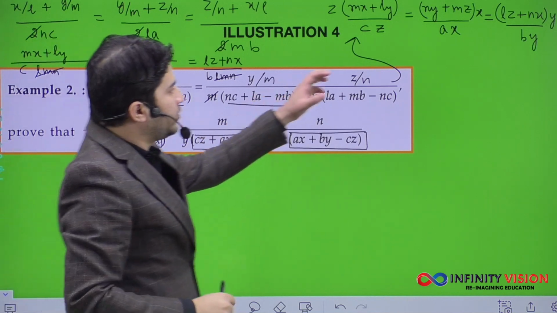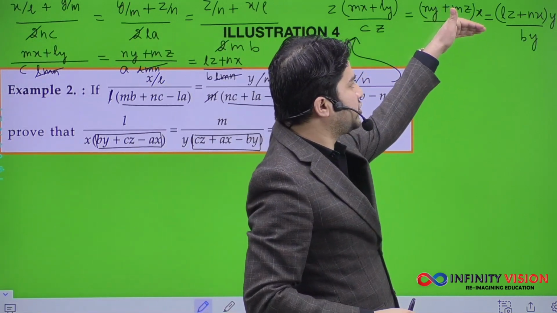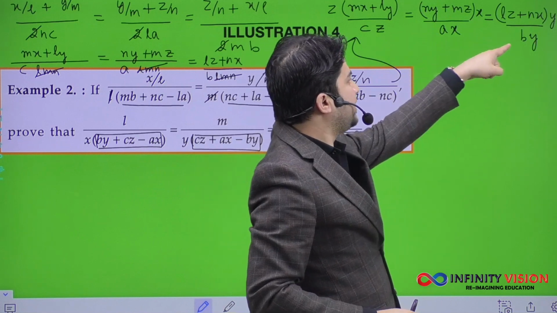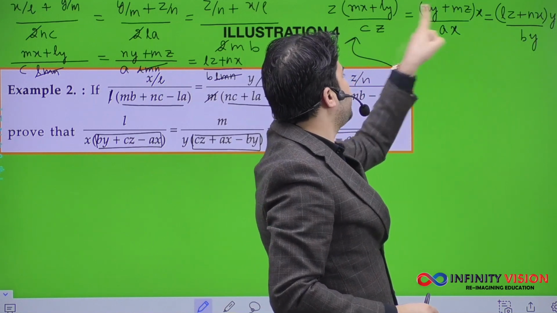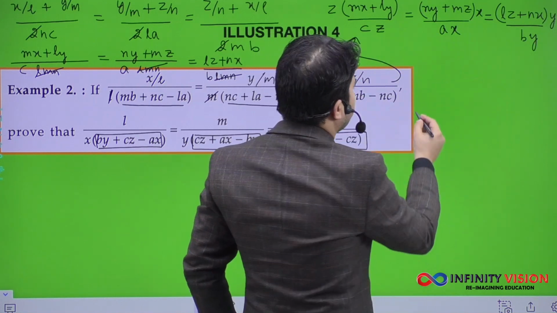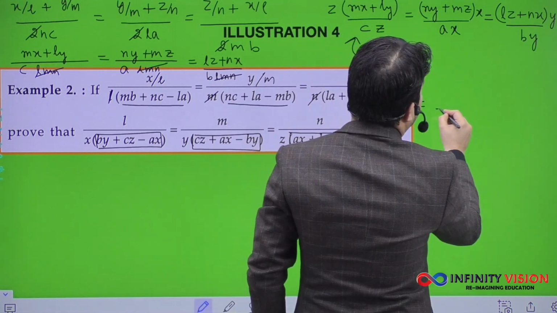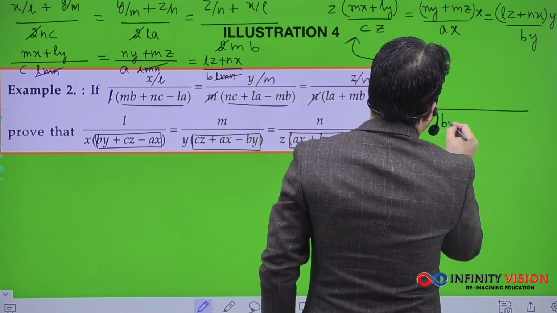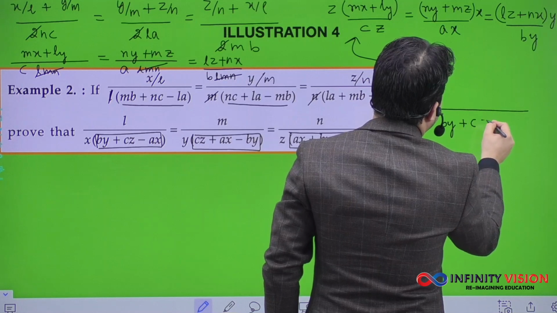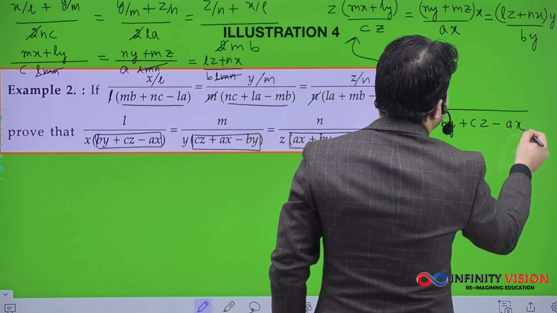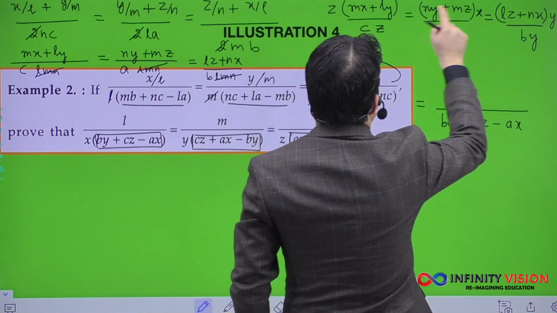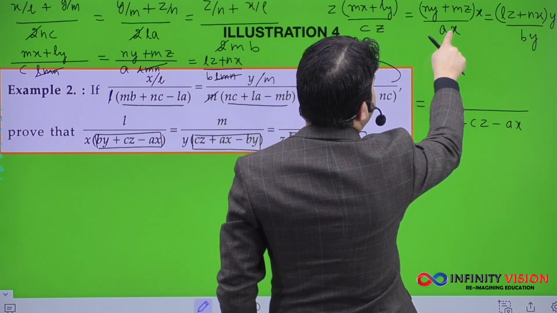So what will I do with this? I'll try to write this ratio equivalent to the ratio which has denominator by plus cz minus ax. So what I'm going to do is by plus cz minus ax, meaning denominator of this plus denominator of this minus denominator of this.